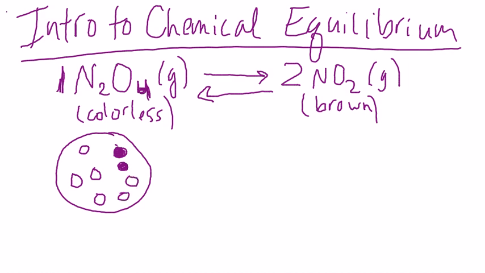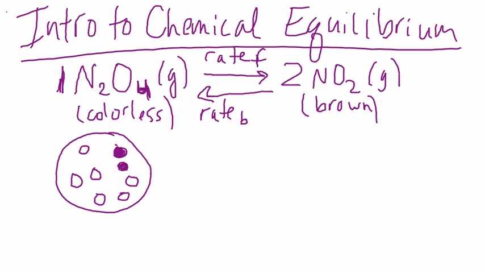And eventually you reach a point of equilibrium where the rate going in this direction, the decomposition, equals the rate going in the opposite direction, the synthesis. I'll call this rate F for rate forward, and I'll call this rate sub B for rate backwards.